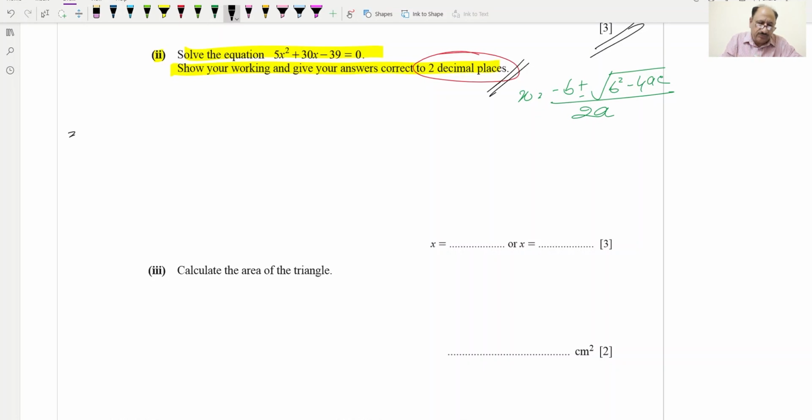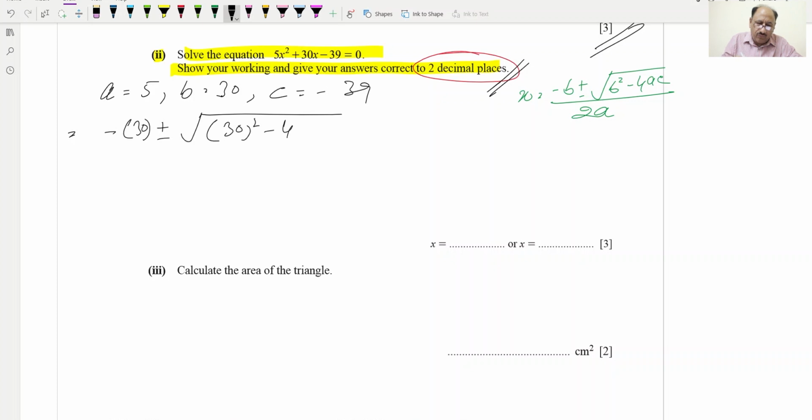Always replace values in brackets, and before proceeding we need to write the values. a is equal to 5, b is equal to 30, and c is equal to minus 39. So minus b, basically minus 30 in brackets, plus or minus the square root of 30 squared minus 4 into a into c, minus 39, divided by 2a, and the a value is 5.